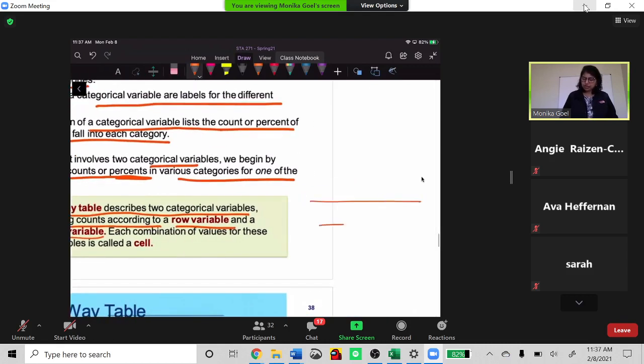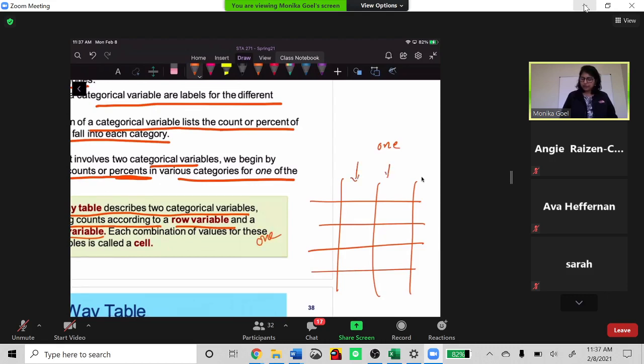Like I said, if we make a table, I'll put one variable here and one variable here. So this is my column and these are my rows. When I say row and column, any entry here needs these two things, right? Any entry here needs the value of this as well as this.